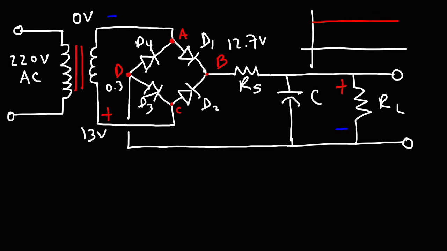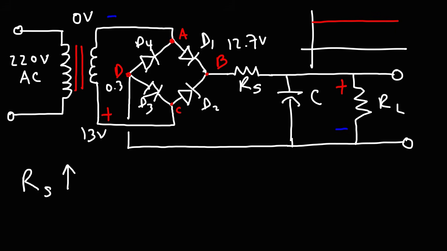Now the value of RS will vary based on how much current you want flowing in a circuit. So if you want to have a large amount of current flowing in a circuit, use a small value of RS. Now, as you increase the value of RS, the output current will decrease.